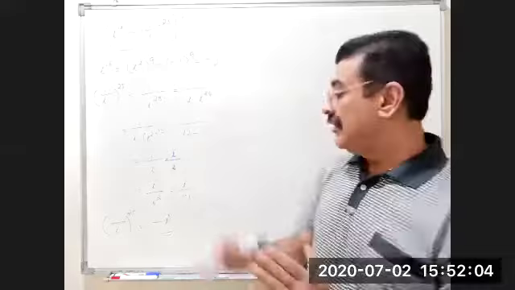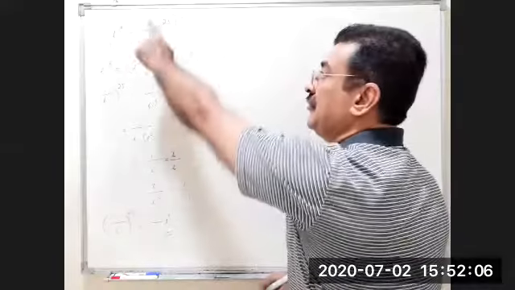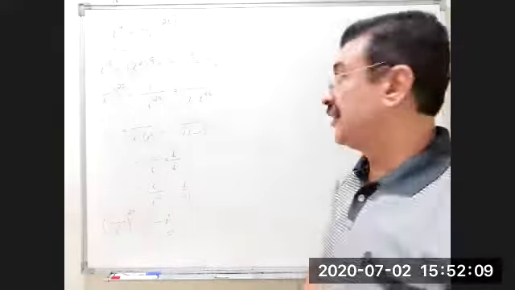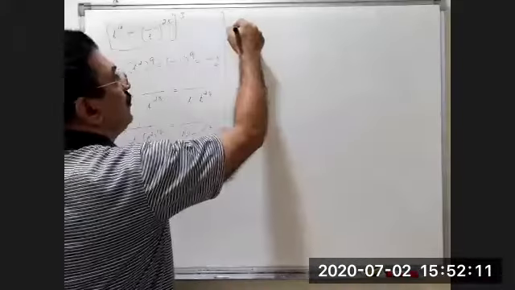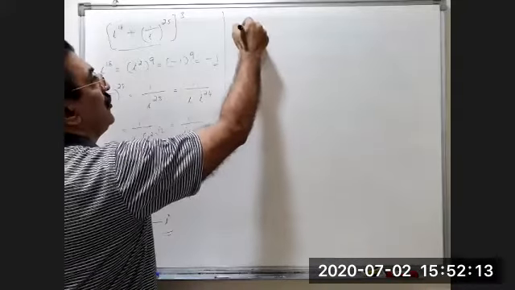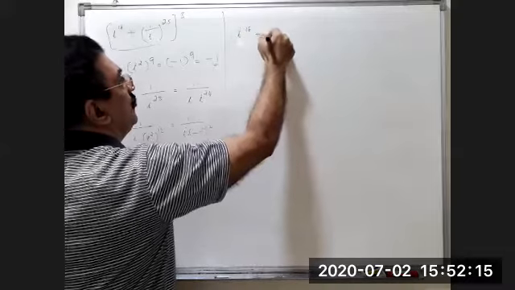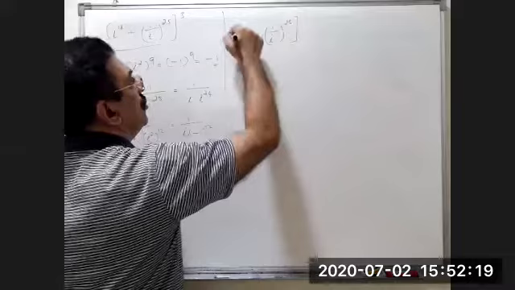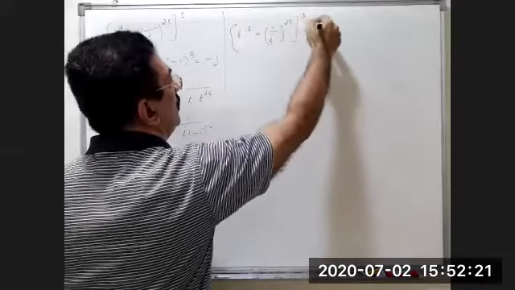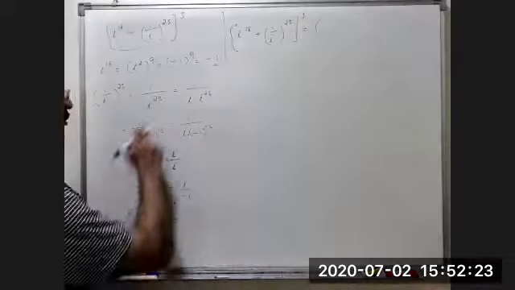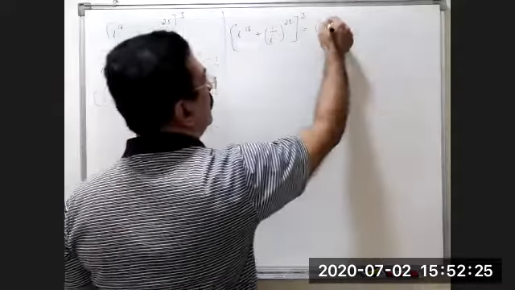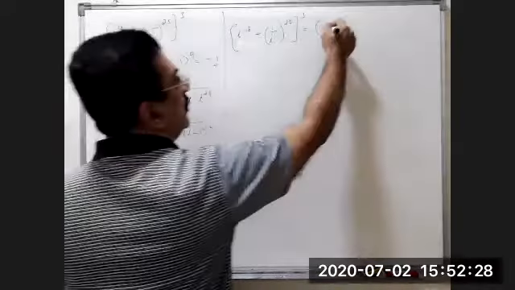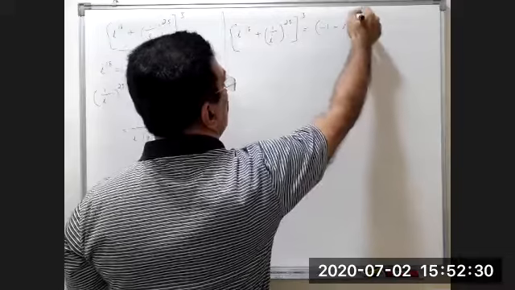That's all. Now we will substitute this value in the given expression. Our given expression is i raised to 18 minus 1 by i raised to 25, the whole raised to 3. This will be i raised to 18, we found as minus 1, and this is minus i, the whole cube.